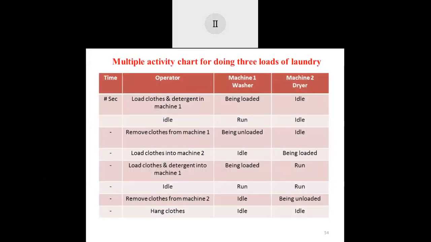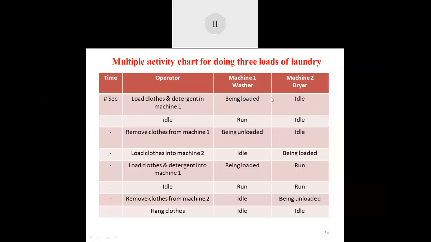Okay. So one example has been shown here. Suppose this is the operator and machine 1 and machine 2. So load cloths and detergent in machine 1. It is done by the operator. At that time machine 1 is loaded, so it is written being loaded.